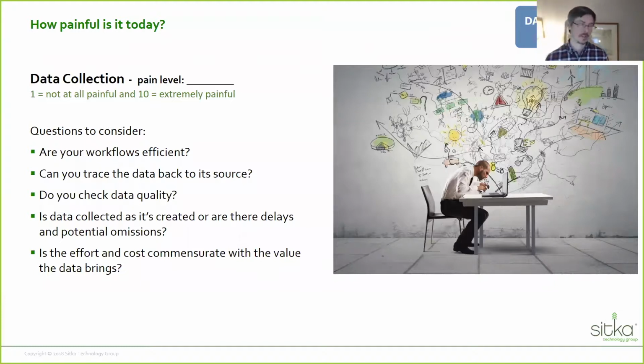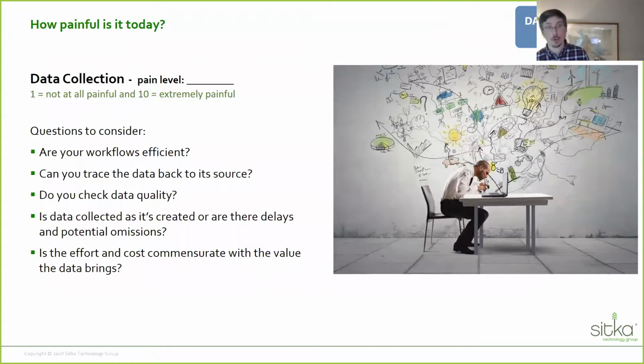An example of questions we ask are, do you think your workflows are efficient? How many of you have entered data in one system only to be told that you also had to take that same data and enter it in another system, and it doubles the time it should take to complete that task? Another one is checking data quality.